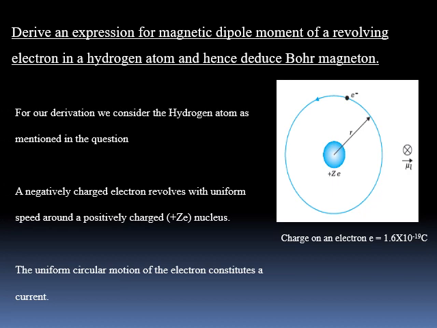For our derivation, as I told you, we are considering hydrogen atom. Then we will be considering a negatively charged electron revolving around a positively charged nucleus. The uniform circular motion of the electron gives rise to current. I hope this is clear to you.